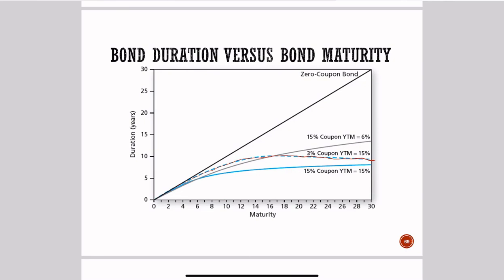Now, if you look at this 3% coupon bond, you can see that for this range, as maturity increases, its duration actually decreases. And you can see that this is a deeply discounted coupon bond. The reason is because its coupon rate is only 3%, and its yield is 15%. So its coupon rate is much lower compared with its yield. So this has to be a deep discount bond.